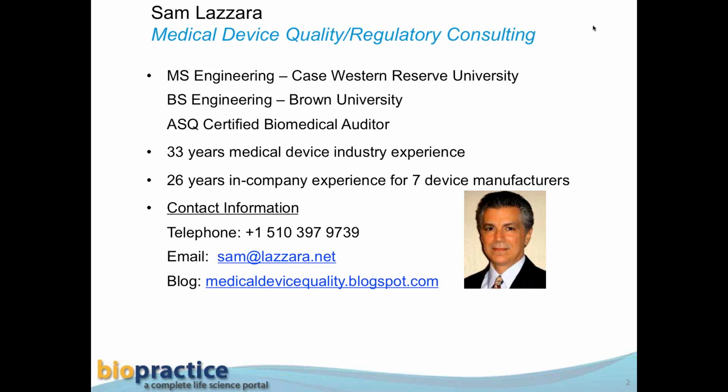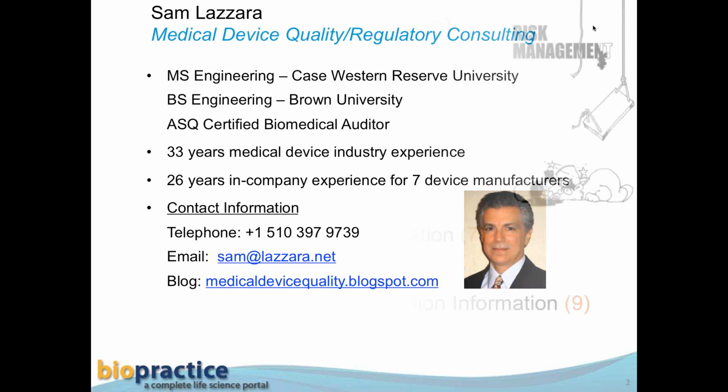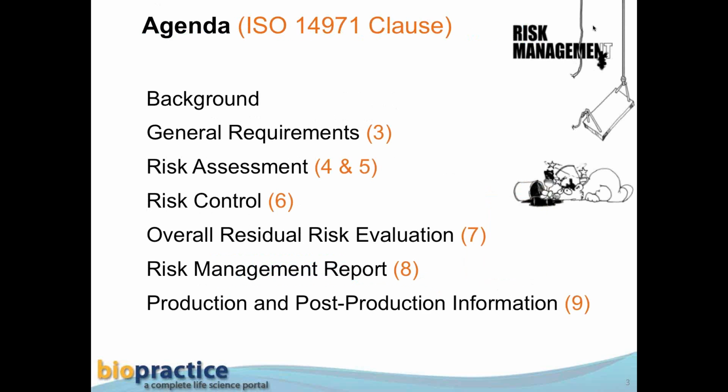Here we go. So the presentation today is going to be parsing and describing in pretty good detail the requirements of the 14971 standard, particularly ISO 14971, and I'll be discussing deviations that are mentioned by the Europeans under the EN ISO 14971 2012 version.